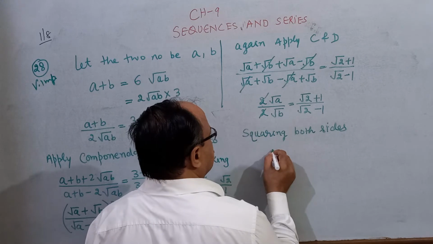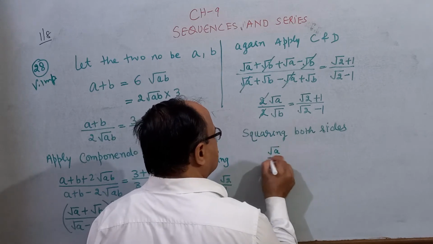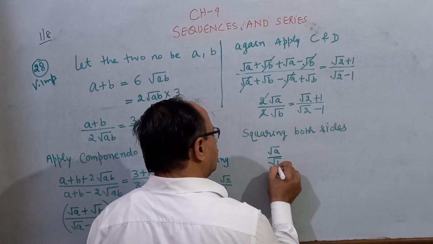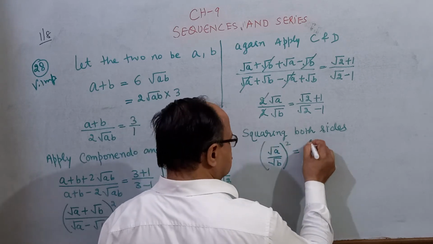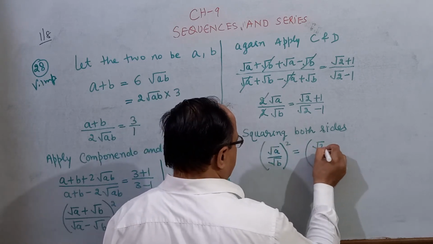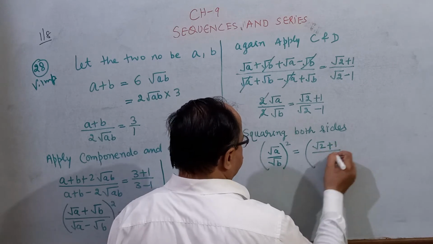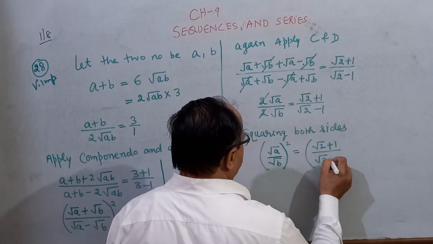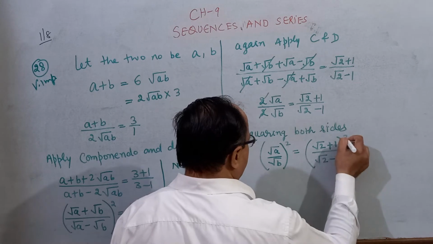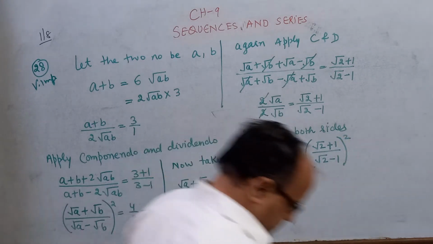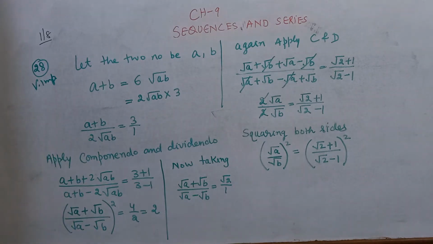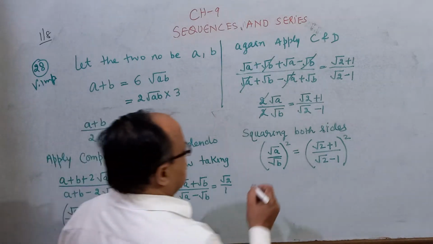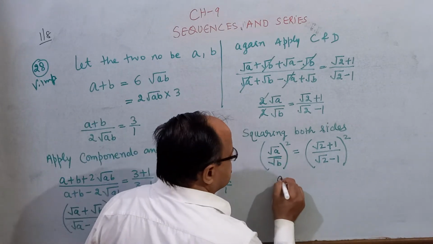Then you can say root A upon root B whole square is root 2 plus 1 upon root 2 minus 1 whole square. Here, squaring both sides, and after squaring the result is what? A by B.